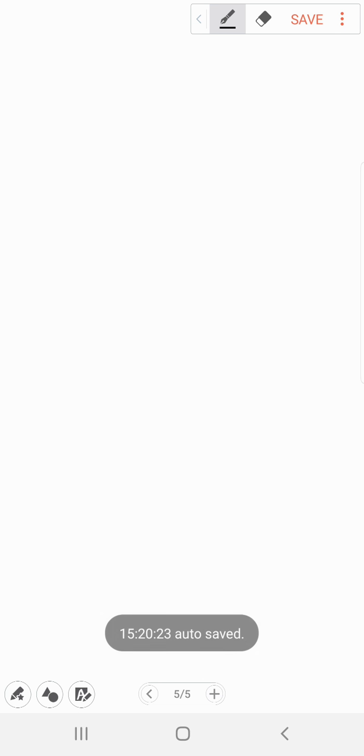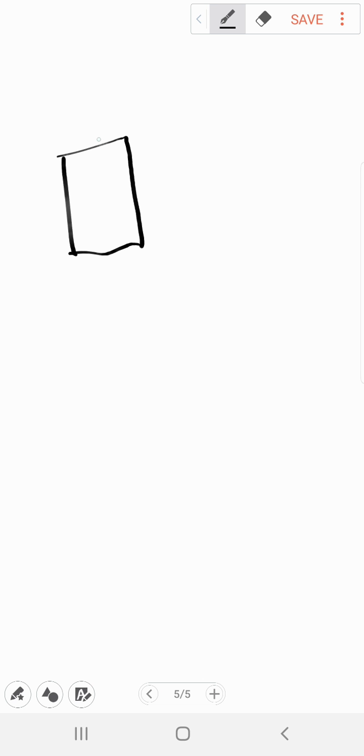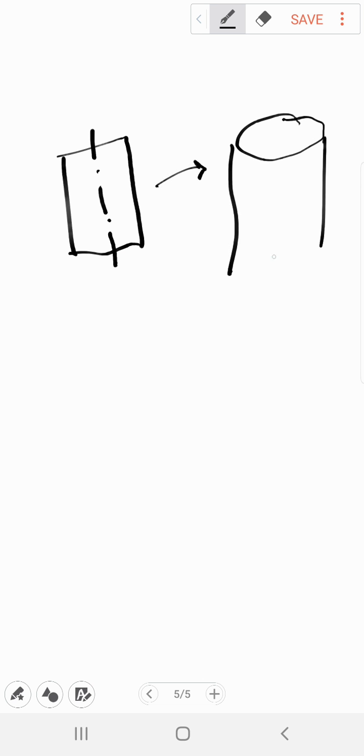Similarly, instead of a triangle, if we have a rectangle, and the axis at its center, now if I rotate this about the axis, then it will form a cylinder.